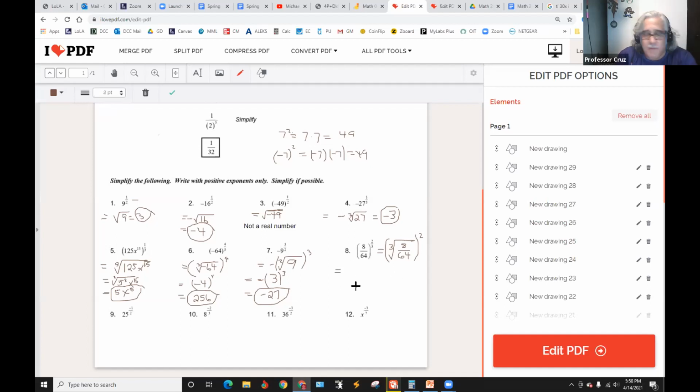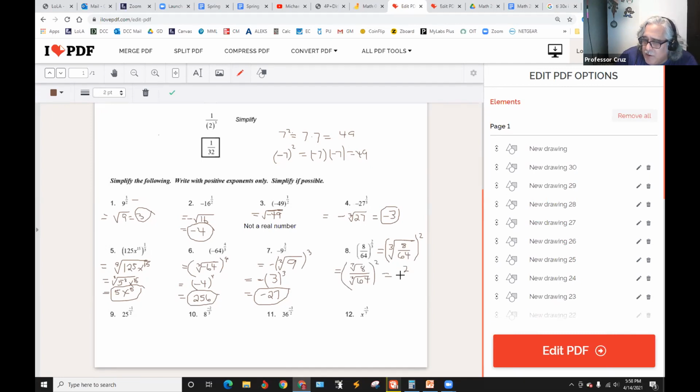So if you remember, the way that you handle fractions is you just put 1 over the numerator and 1 over the denominator. If that makes it clearer to you, you use that in order to evaluate. And then we're going to square. So the cube root of 8 is 2.